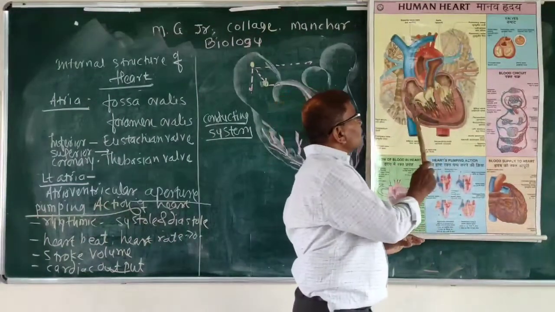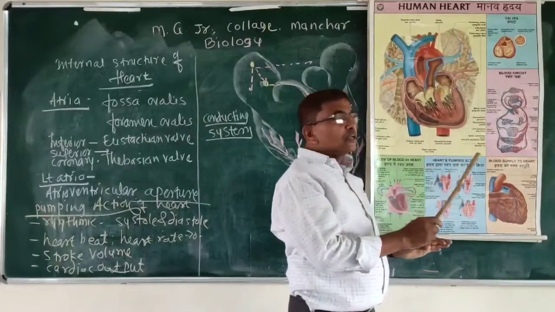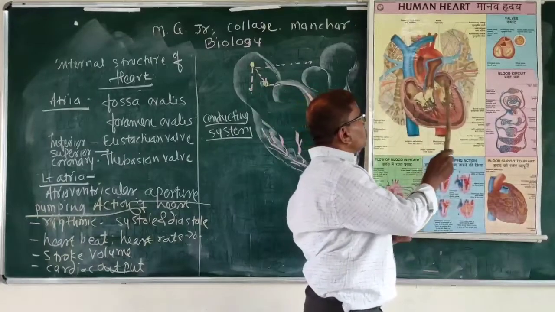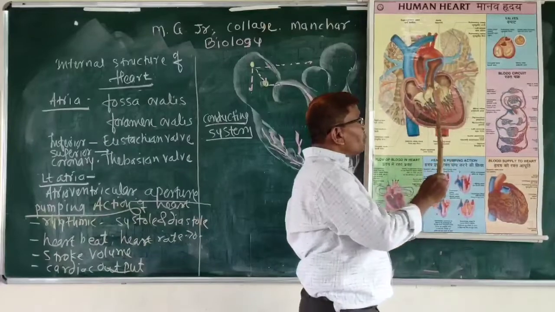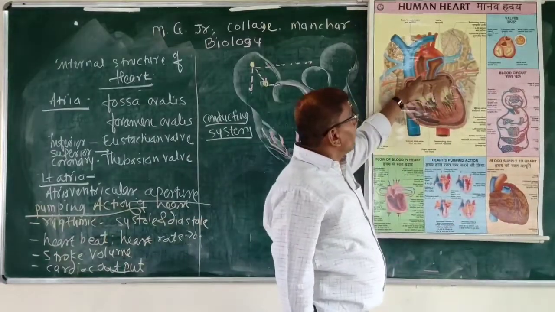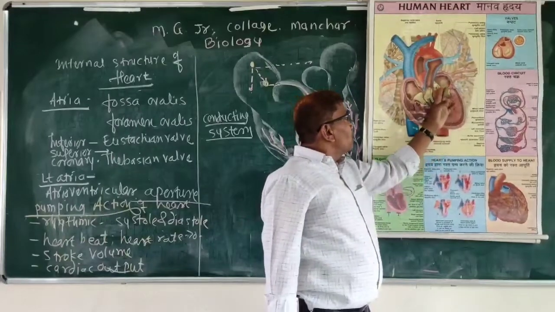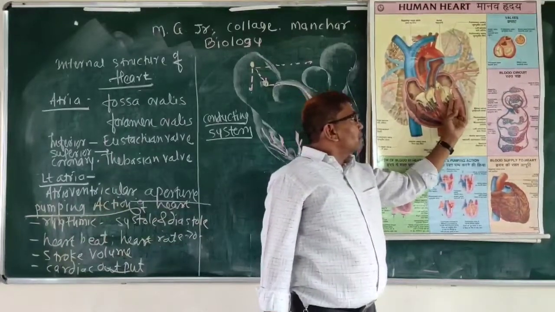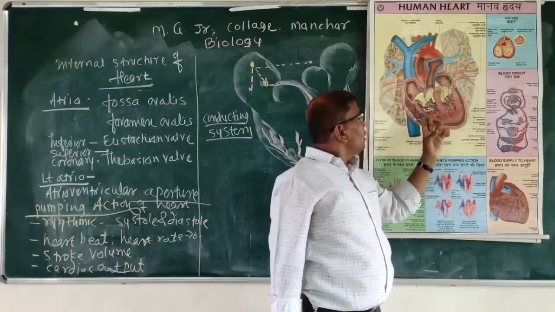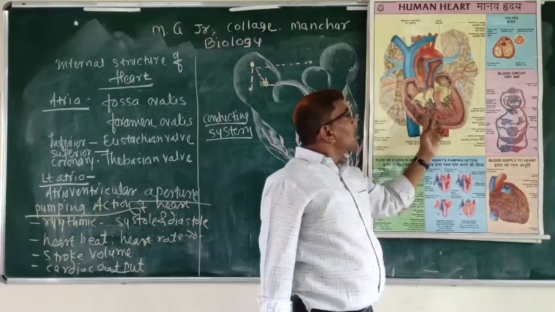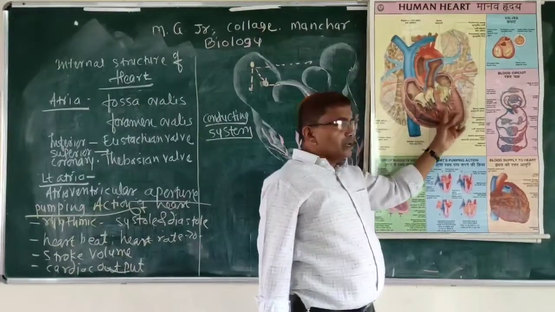So there is rhythmic contraction and relaxation. At the time of contraction of the atria, blood is poured into the ventricles. Then this blood is poured into the respective blood vessels from the left ventricle and right ventricle. Before that, we have discussed ventricles.